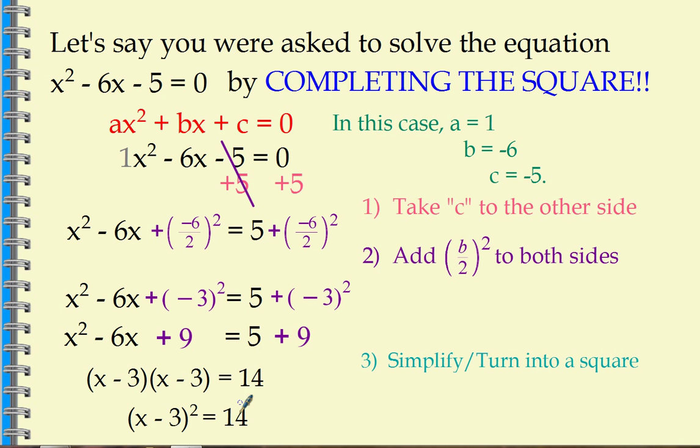On the right-hand side, just as a side note, 5 plus 9 is where the 14 is coming from. Notice, too, that half of B is what's going in both factors.